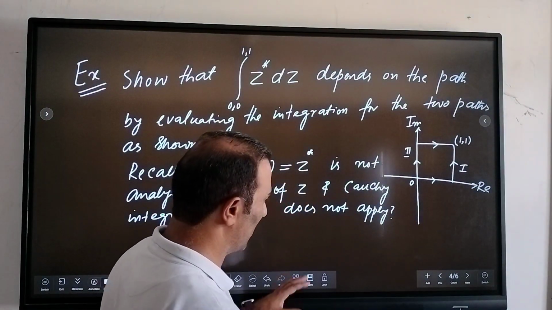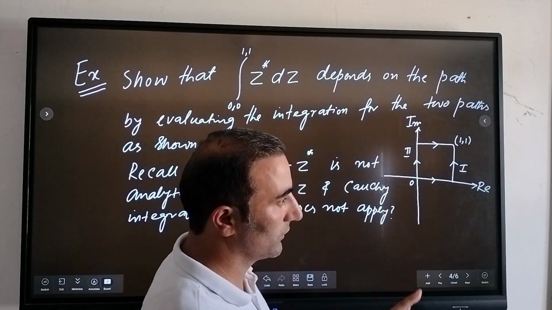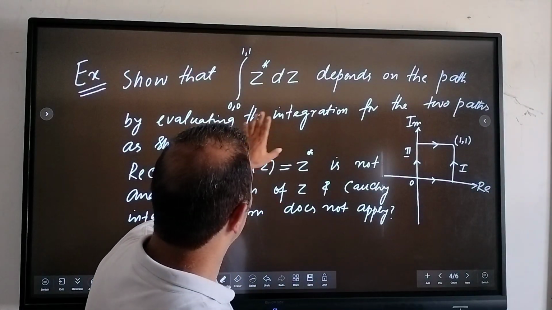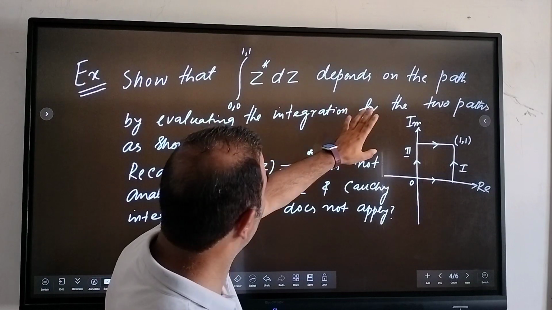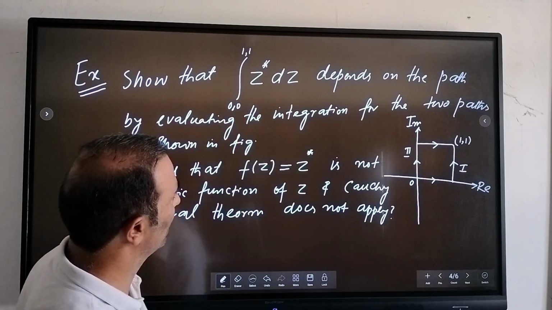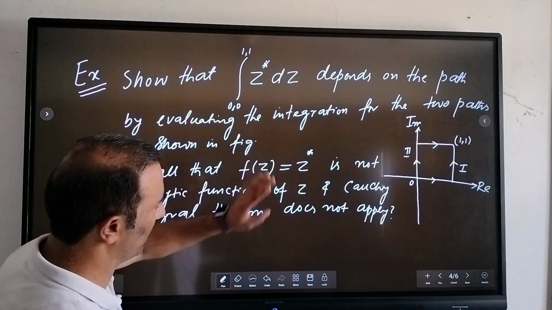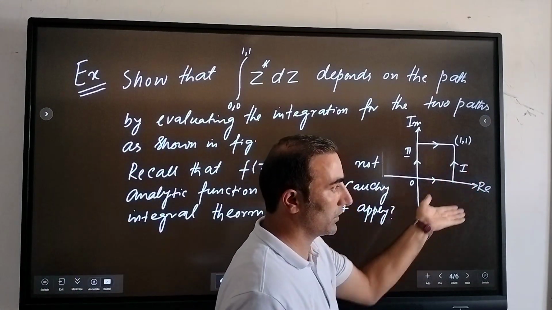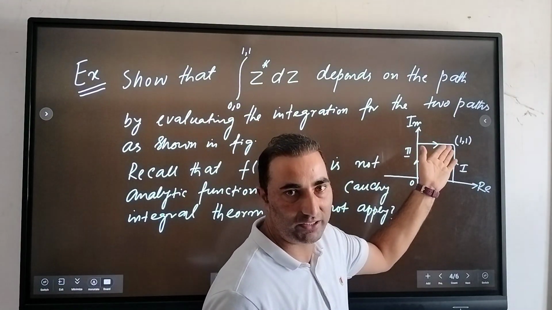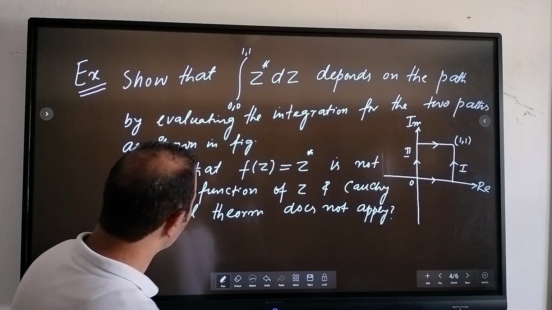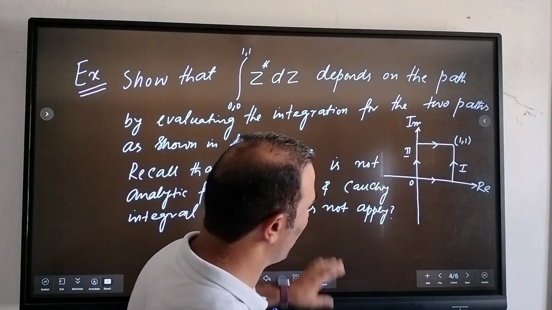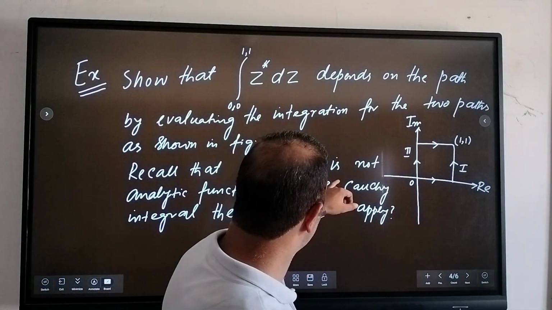And so there is the condition. First let us talk about this. This integral depends upon the path, by evaluating the integral for the two paths as shown in the figure, right? So we can choose two different paths to calculate this integral. Now recall that this f of z is basically z star.